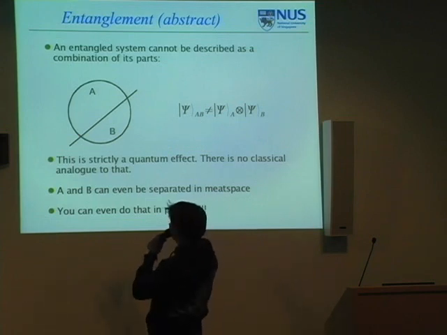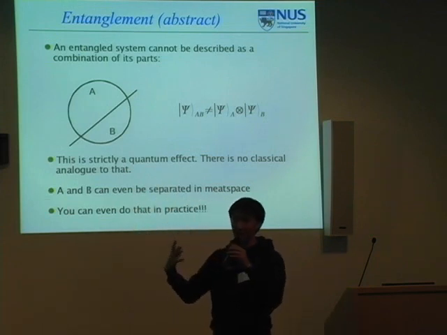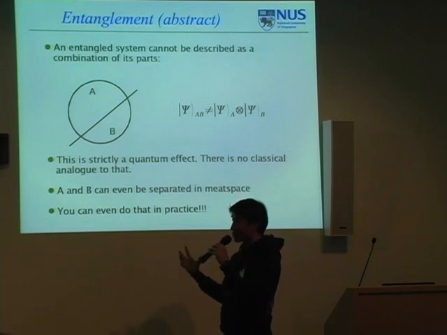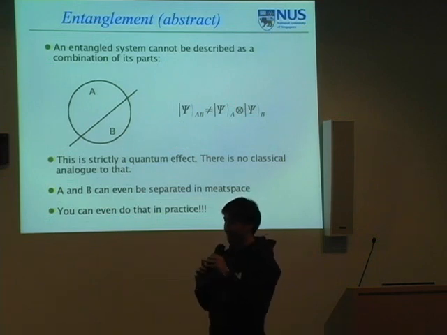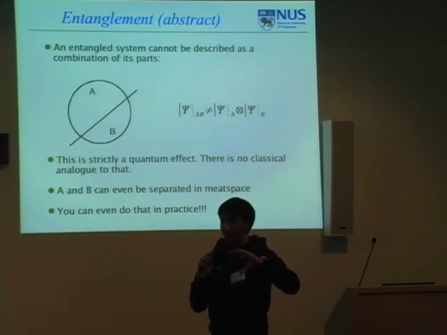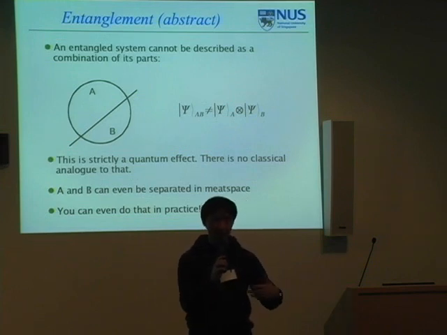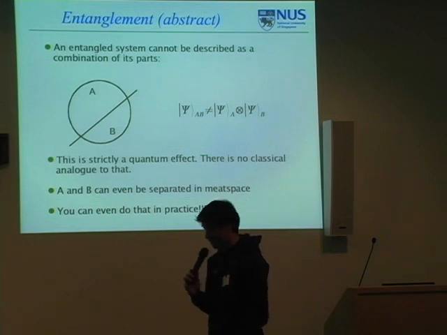Now, these two parts are described by a joint quantum state. If you take the two parts far away from each other and you try and describe one part by itself, then it turns out that it has no structure. You cannot really say anything in particular about that part.